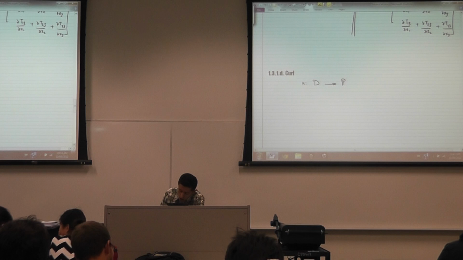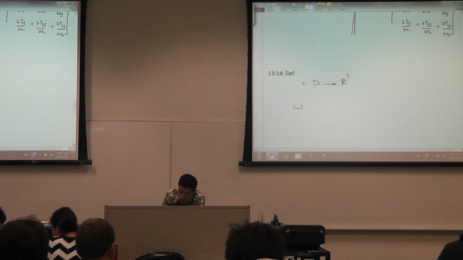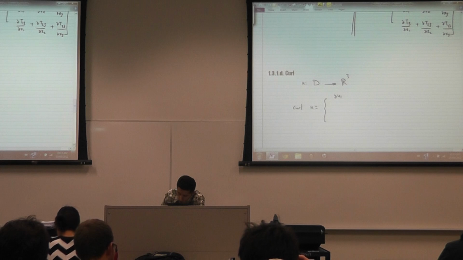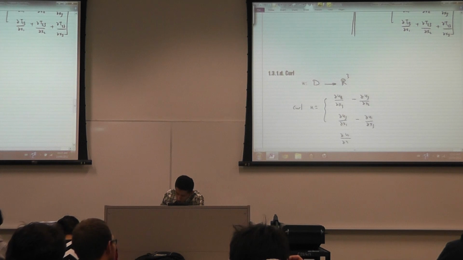They're just definitions. If I have a vector field, the curl of u is a vector equal to the following: partial u3 by partial x2 minus partial u2 by partial x3, partial u1 by partial x3 minus partial u3 by partial x1, and partial u2 by partial x1 minus partial u1 by partial x2.